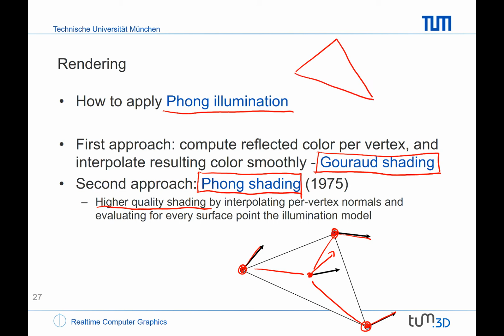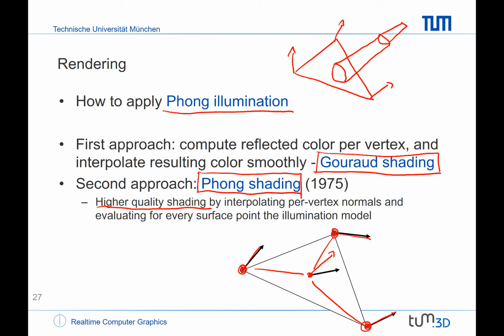Let us assume you have that triangle here, with normals specified at the vertices, and you take a pocket lamp with a rather small opening angle, and you illuminate the triangle with it, so that this cone of illumination falls entirely into the interior of the triangle.